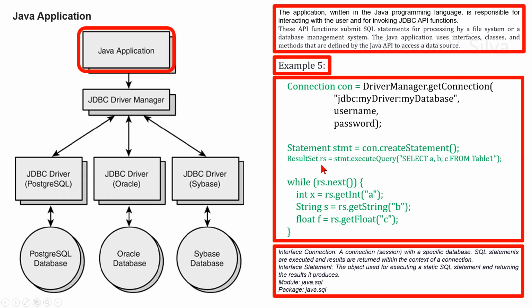Here next moves the cursor forward one row from its current position, and here getInt retrieves the value of a designated column in the current row of this ResultSet object as an int in the Java programming language.